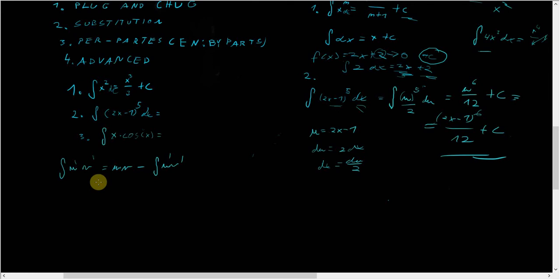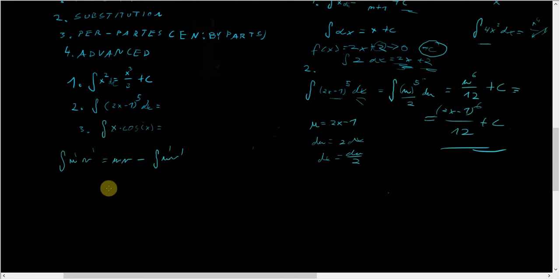So again, I'm going to write my integral here. x times cosine of x dx equals. So if we say that our x is derived, then before our x would be what?